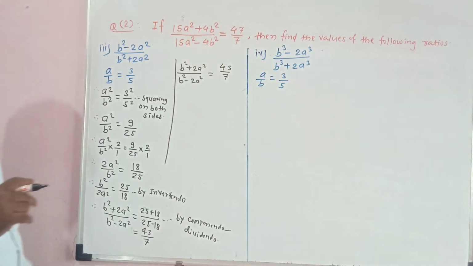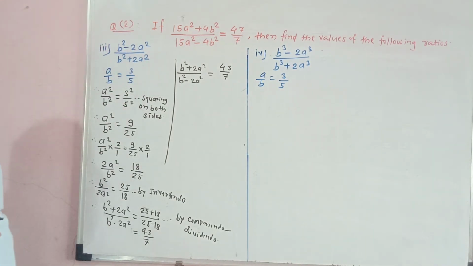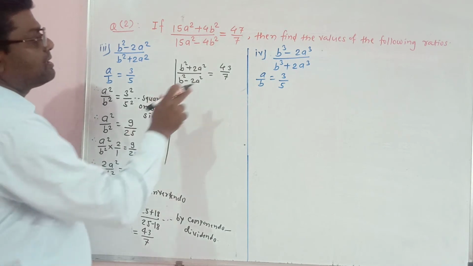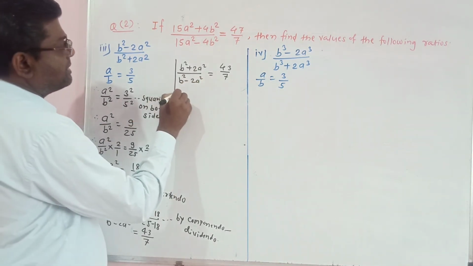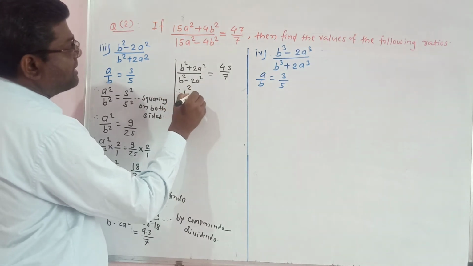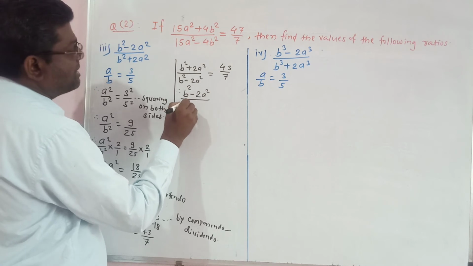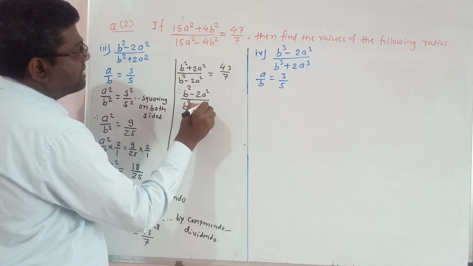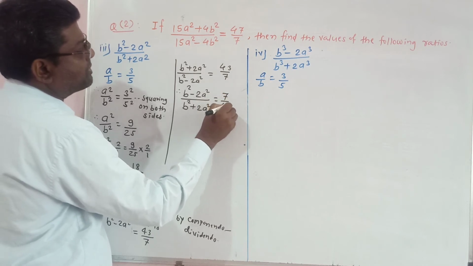But we want the value of b square minus 2a square upon b square plus 2a square. Therefore here we have to take invertendo. Therefore b square minus 2a square upon b square plus 2a square is equal to, by invertendo, 7 upon 43.